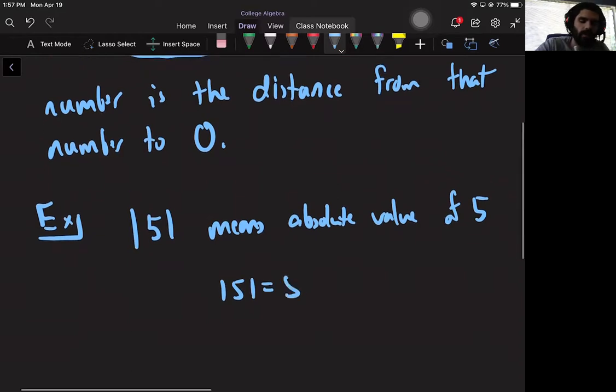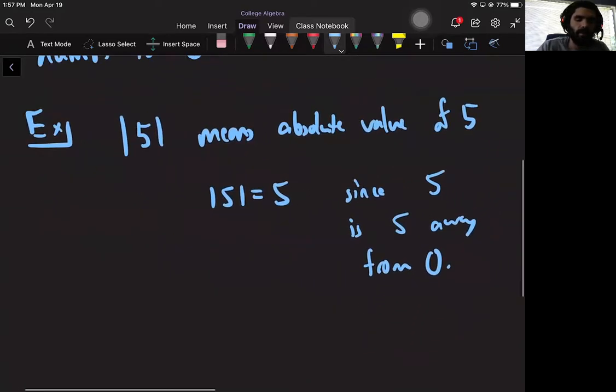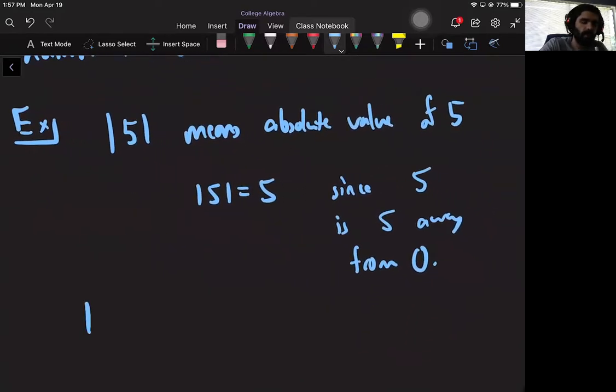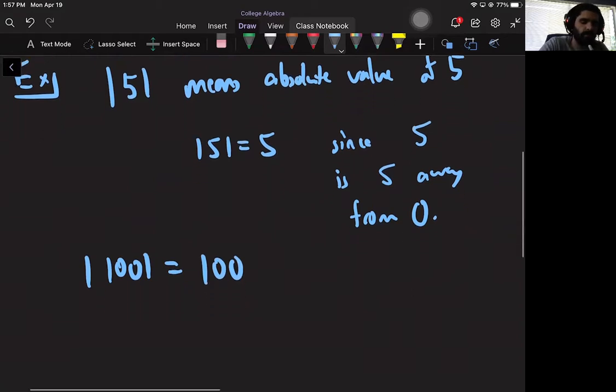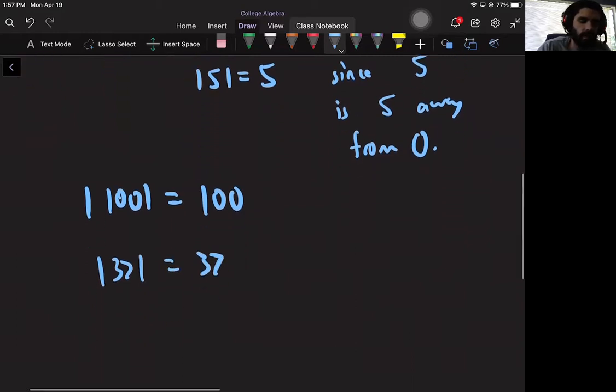Well, it's just 5 away from 0. That's the logic. So anytime you have a positive number, the absolute value of a positive number will just be that number because that's how far it is from 0. Absolute value of 37 is 37. Same reasoning for all of these.